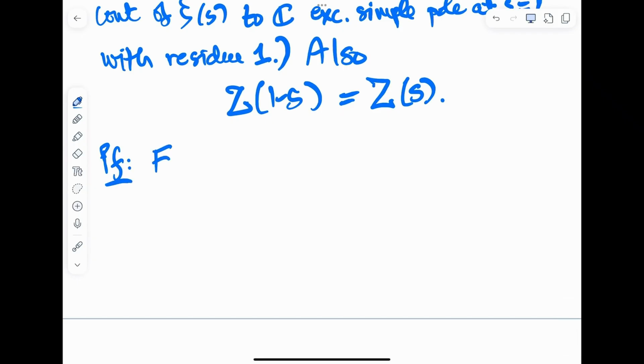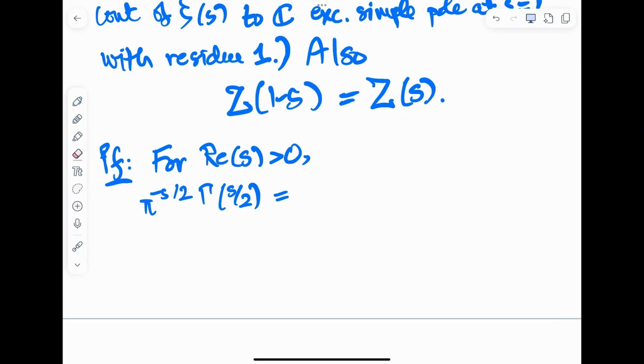We're going to start off with the gamma function as an integral. So to the right of 0, we can write the gamma function as an integral. If I look at pi to the minus s over 2 times gamma of s over 2, s over 2 has positive real part, so I can write an integral of x.